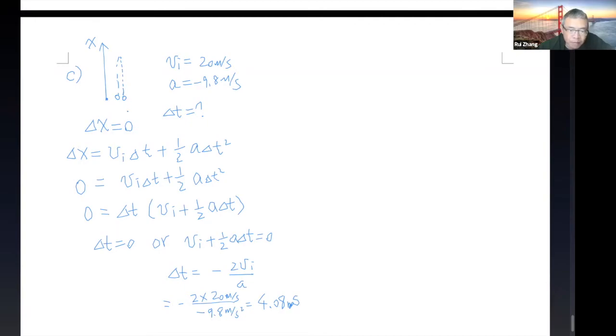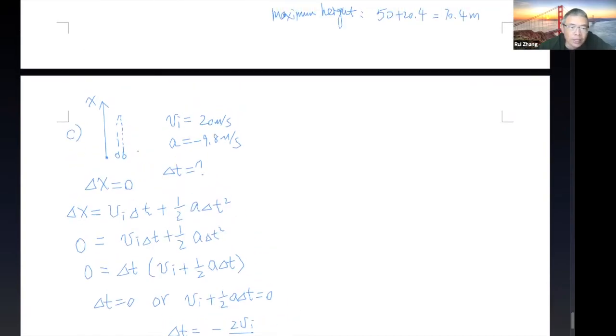Actually, you can solve for VF in this case. Although it's not asked, let's do that. Let's use the first formula here: VF equals VI plus a delta t. So VI is 20 meter per second minus 9.8 meter per second squared times 4.08 second.